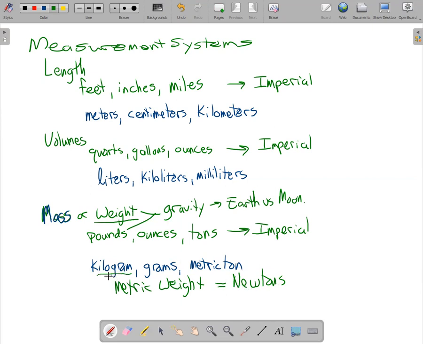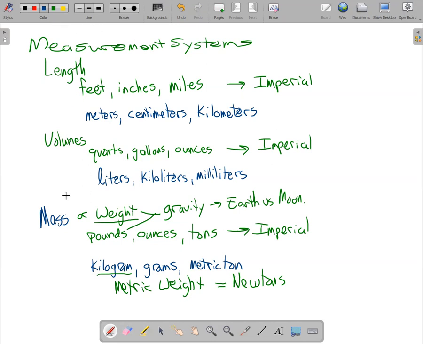Versus kilograms on their own is just mass. So the kilograms I have on Earth are exactly the same as my kilograms on the moon. That does not change. So again, there's a little bit of miscommunication that we have in the world today when we try to relate pounds and kilograms. Kilograms are a measure of mass, not weight. Pounds are a measure of weight, not mass.